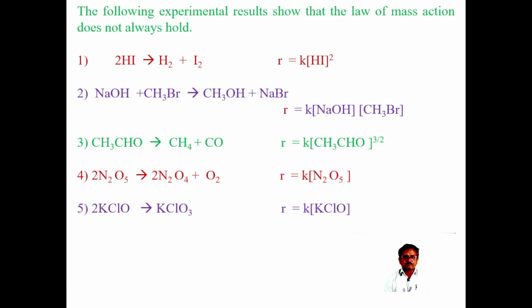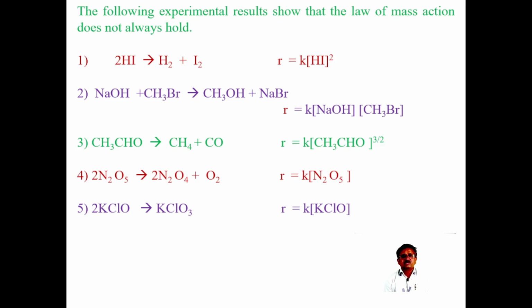The further examples also show the same, that is 2N2O5 gives 2N2O4 plus O2. As per the law of mass action, it should be R equals k [N2O5]^2, but here the 2 is not an exponent because of the experimental conditions. It is only 1, meaning k [N2O5].